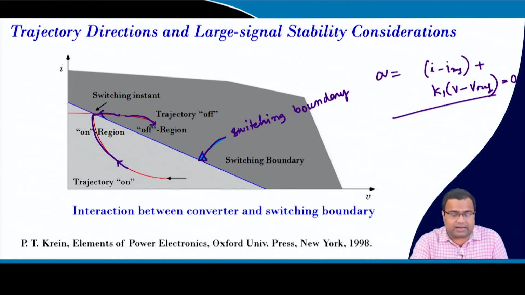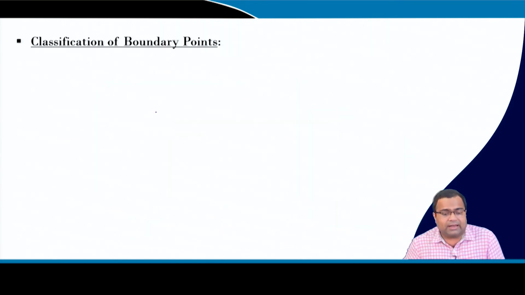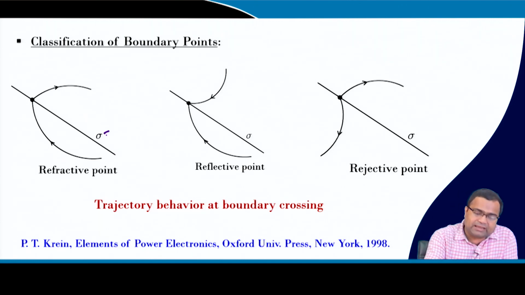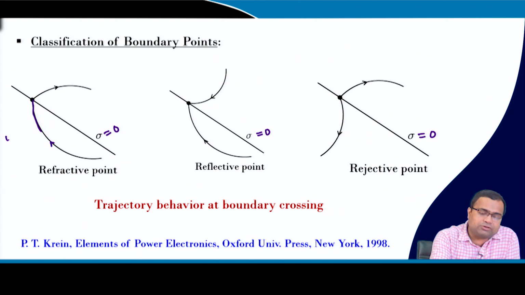These concepts are explained in the Elements of Power Electronics book. If we classify, as I said, this is my switching line which is equal to 0. The trajectory can be towards it on one side, the left side or the right side, going towards the switching surface, but that is my on state trajectory, while my off state trajectory is going away from it.